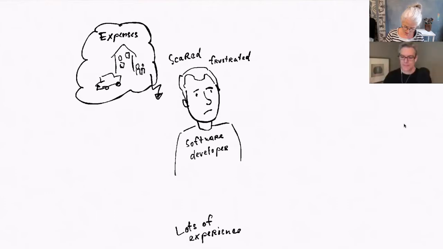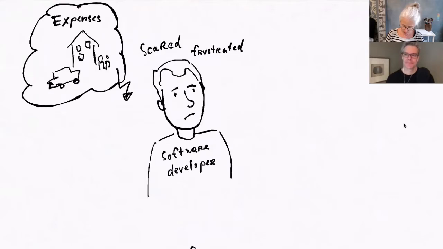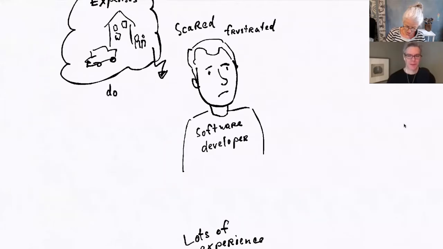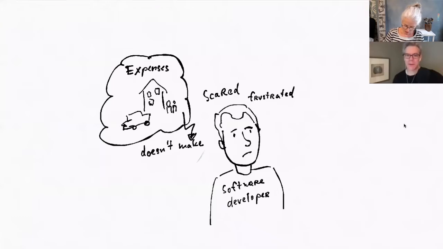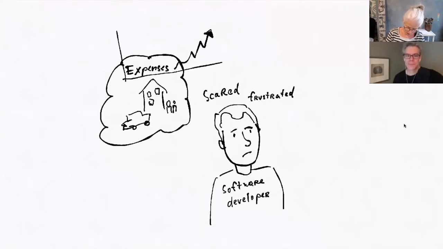He has lots of experience and doesn't make enough money. Is that it? Yes, they're usually doing pretty well, but they recognize that their costs are going up and they're getting older, and they see no possible way of increasing their income. I see. So the expenses are going up, and maybe we have to draw the graph thing here.